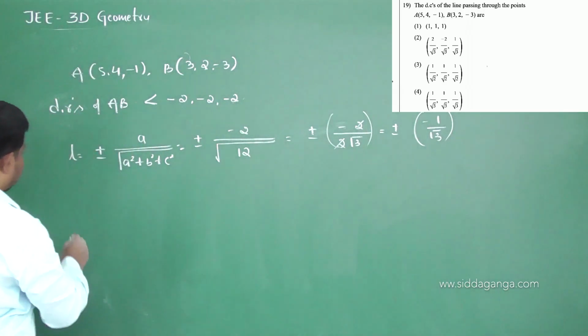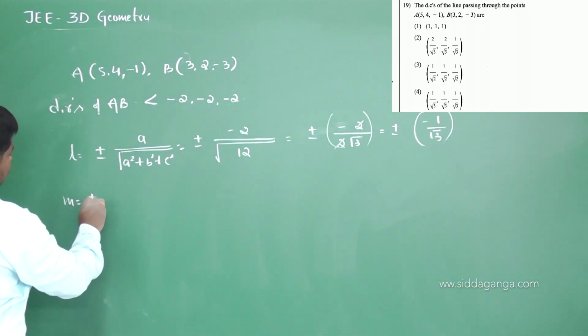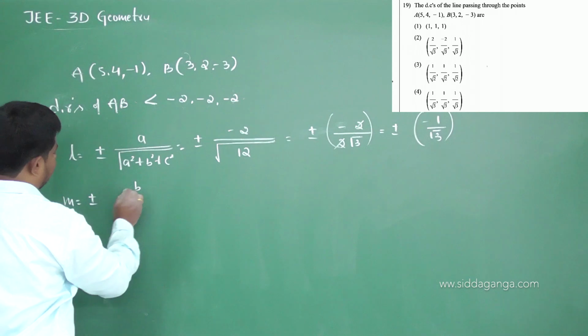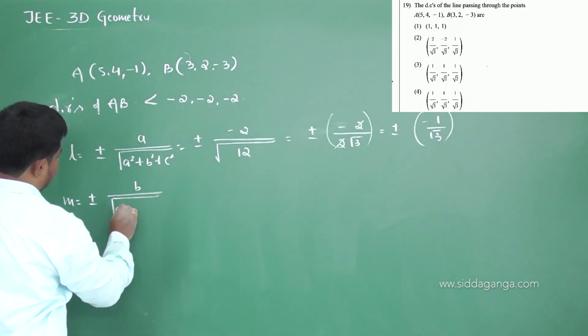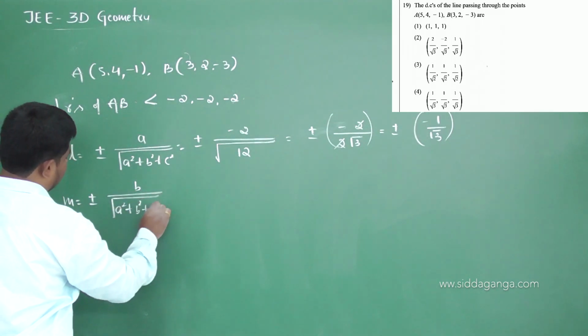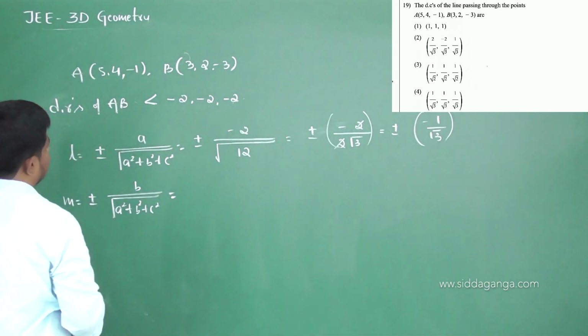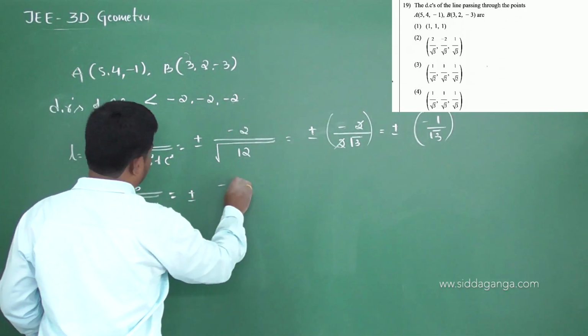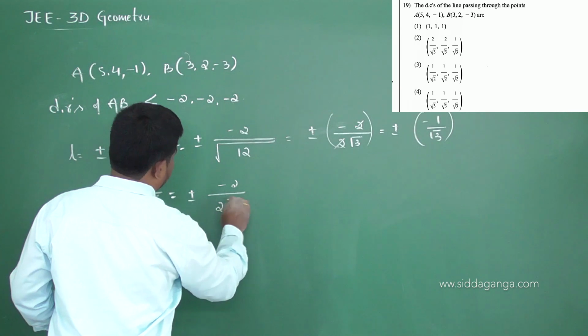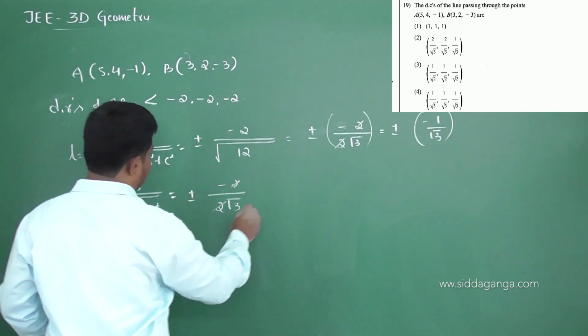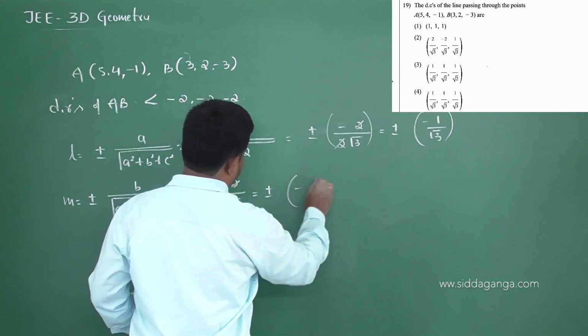In the same way, M is equal to plus or minus B divided by root of A square plus B square plus C square. B is minus 2, so plus or minus 2 divided by 2 root 3, again you get plus or minus 1 by root 3.